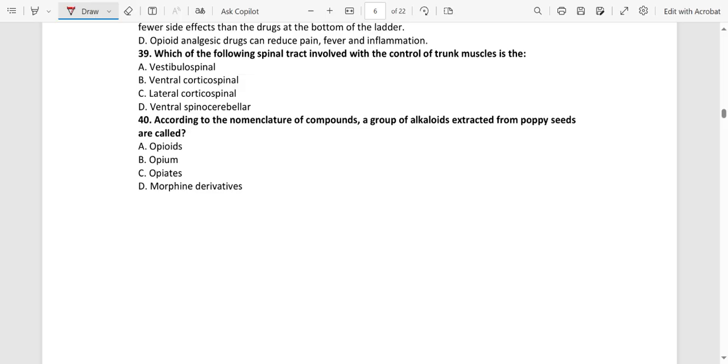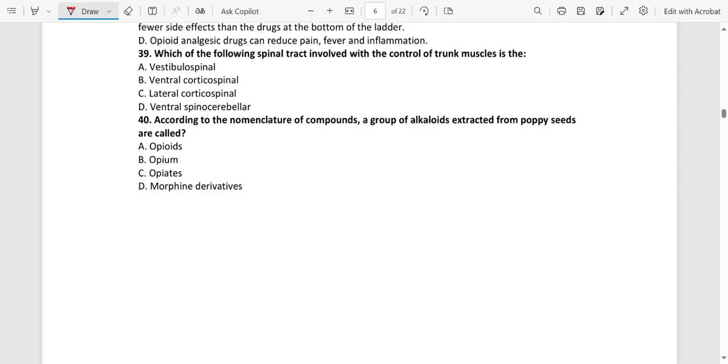Okay, when you look at the answers which are there, you have the vestibular. The vestibular ones really are for balance. They are not really controlling the muscles. But the corticospinal goes to control the muscles. You have the ventral and the lateral.